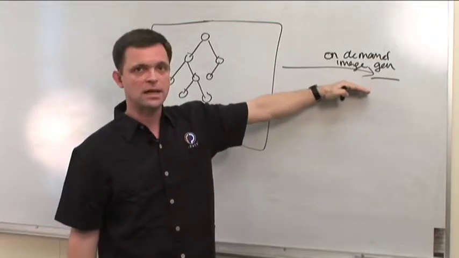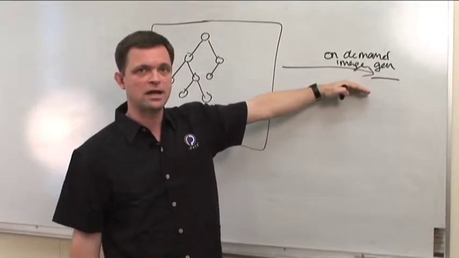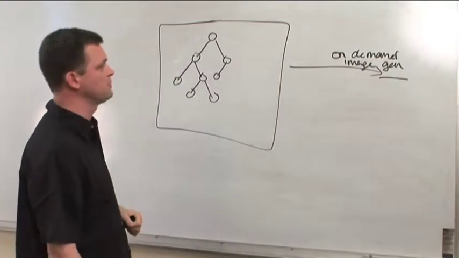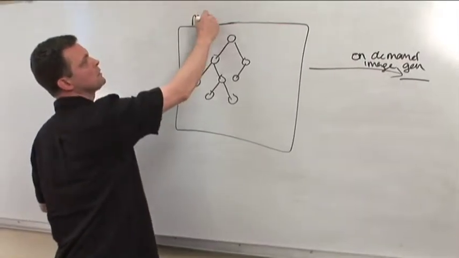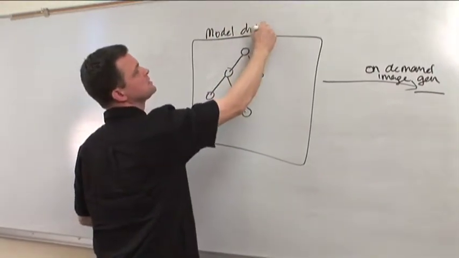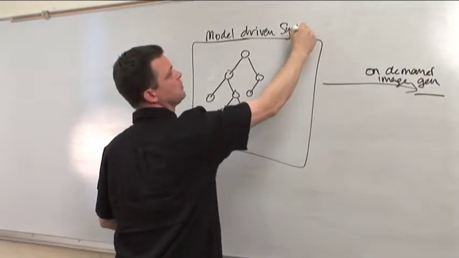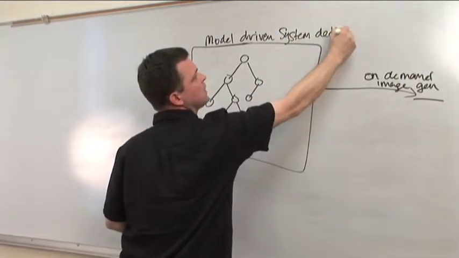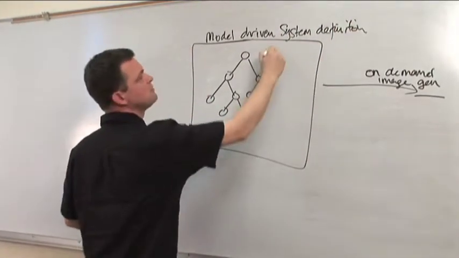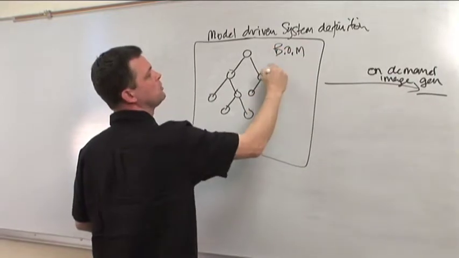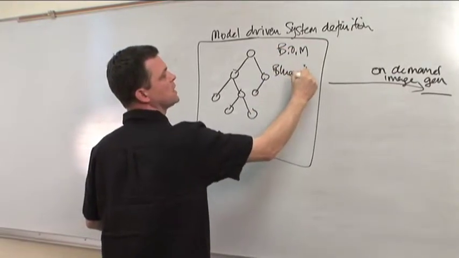Let's not maintain an empty lot full of cars that we haven't sold. Let's produce them on demand. So we're all about model-driven system definition, if you want to put it that way. Defining what needs to go in. Think of it like the bill of materials or the blueprint for what it is we're going to produce.